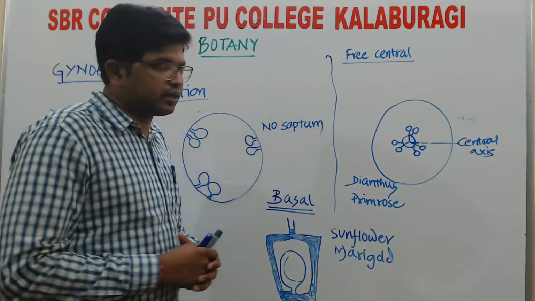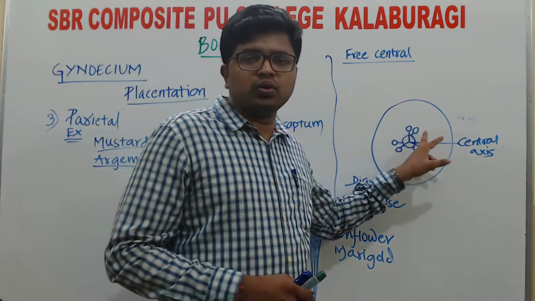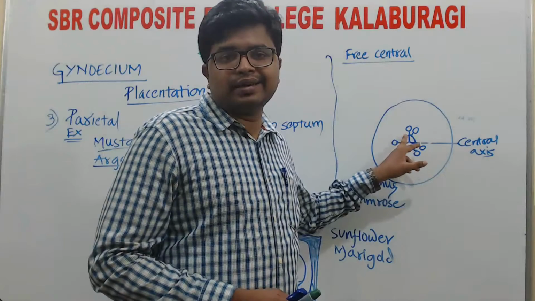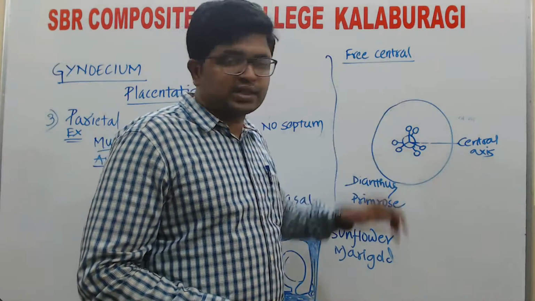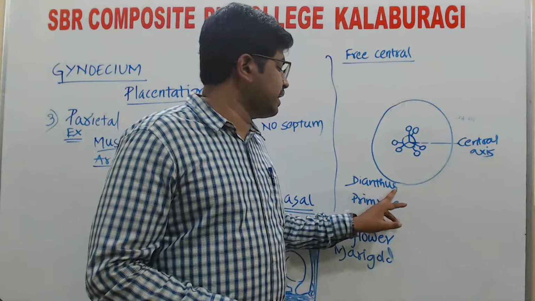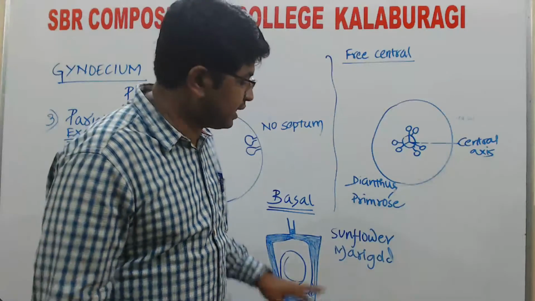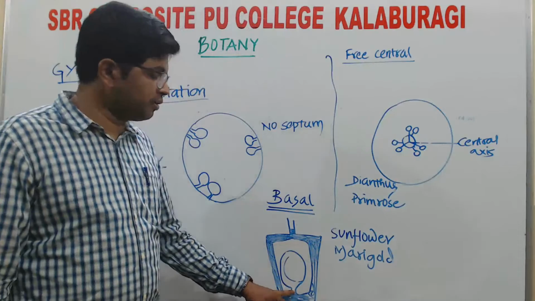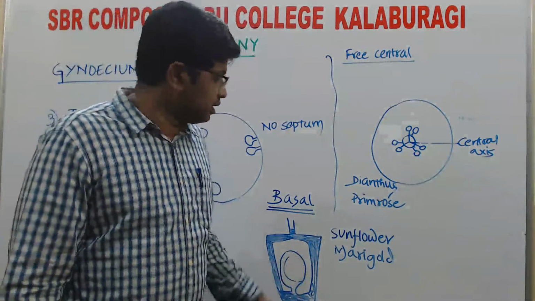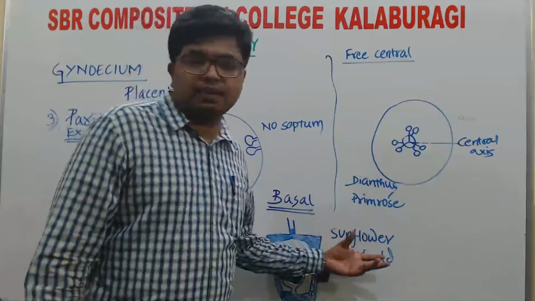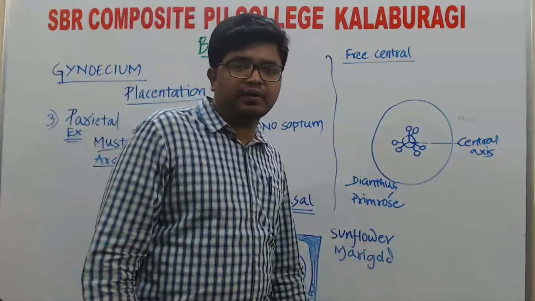Whereas for the free central, you can notice that the ovules are placed on the central axis. Here also there is no septum, so that's why we call it free central. The example is dianthus and primrose. Whereas at the basal, you will see that along the base of the ovary, there is one ovule placed. That's why we call it basal. Example is sunflower and marigold.